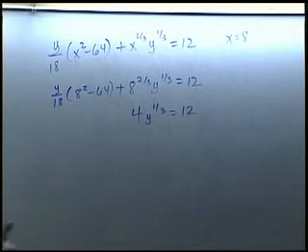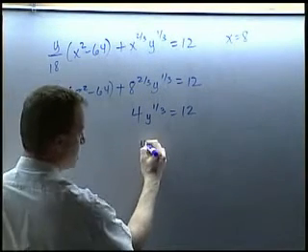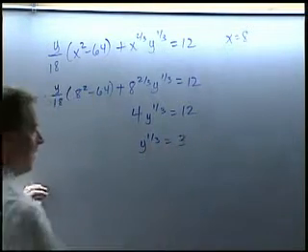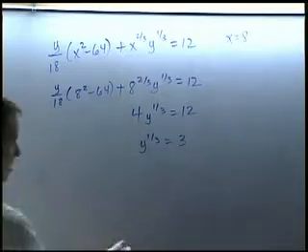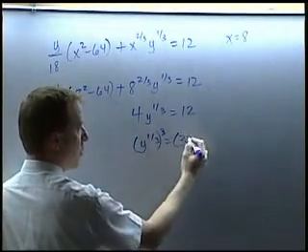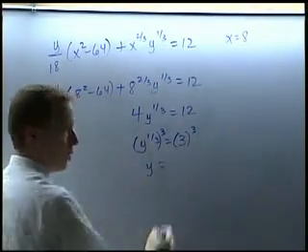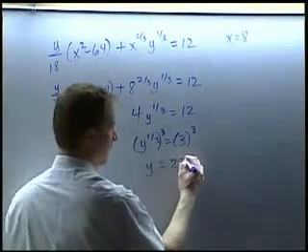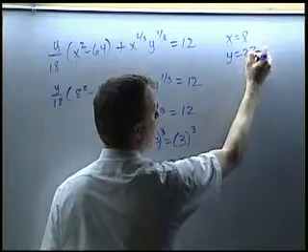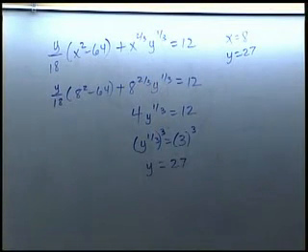So the equation simplifies quite a bit. Okay, and so we divide by 4 on both sides, and then how do I get rid of that 1/3? Cube both sides. So I'm going to raise both sides to the 3rd power. So y equals what? 27.